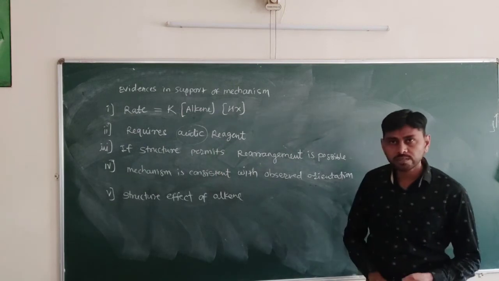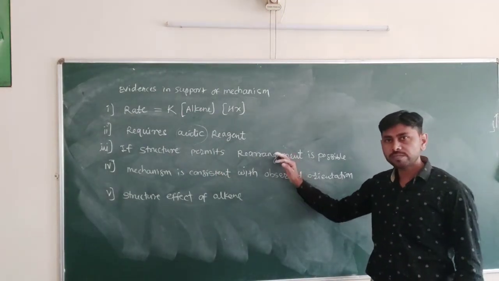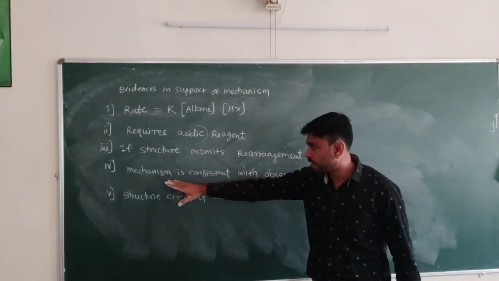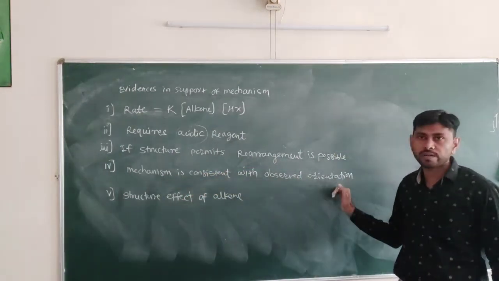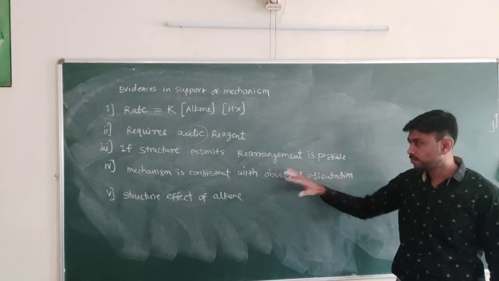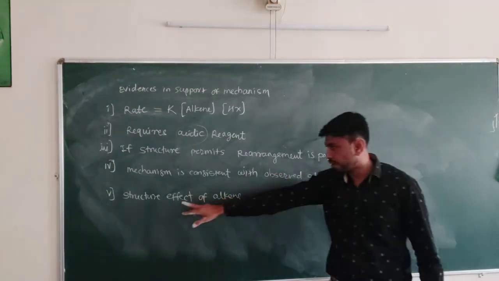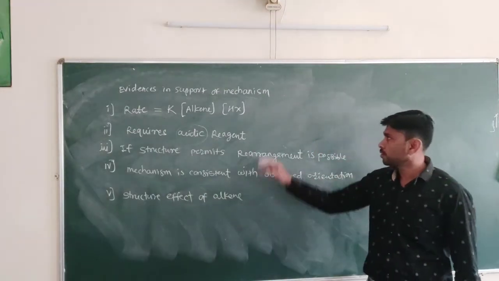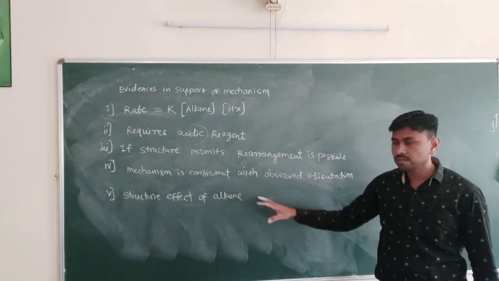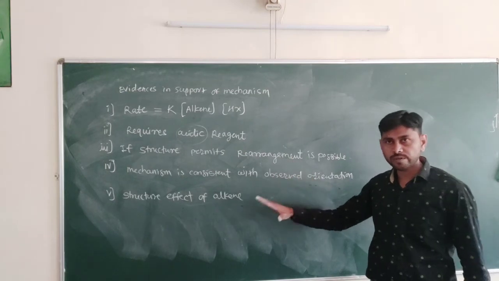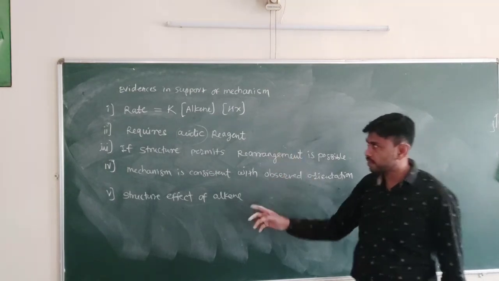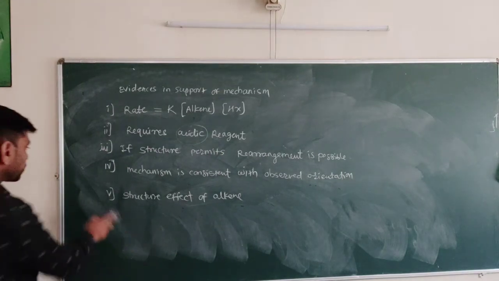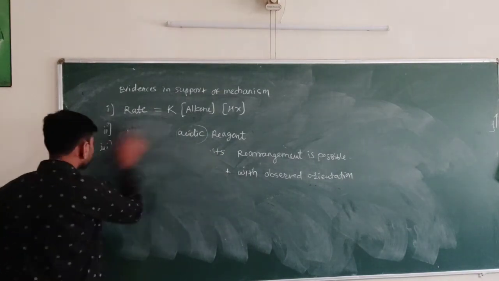Third, if structure permits, then rearrangements are also possible in addition reaction. The mechanism is consistent with the observed orientation. And the fifth point is the structure effect of alkene. So these are some evidences in support of the mechanism of addition reaction.